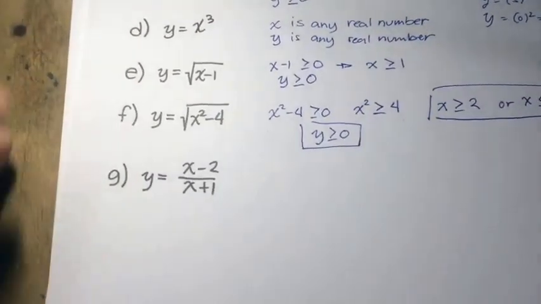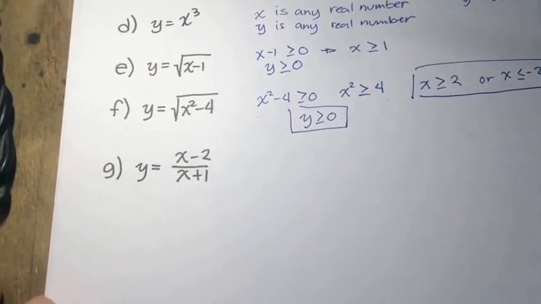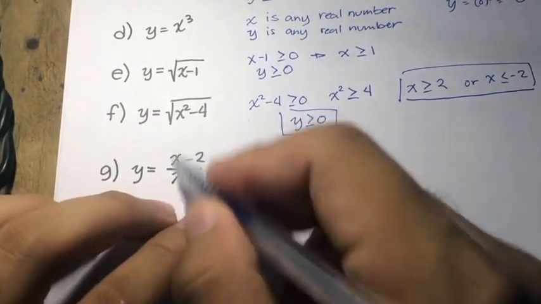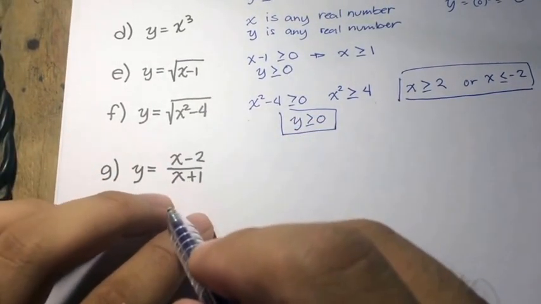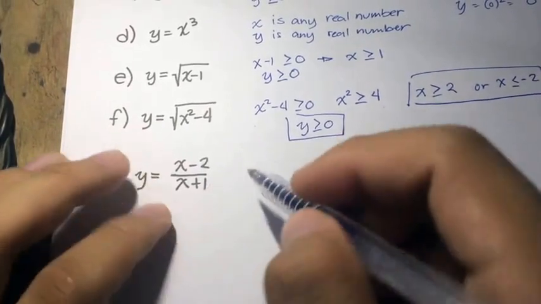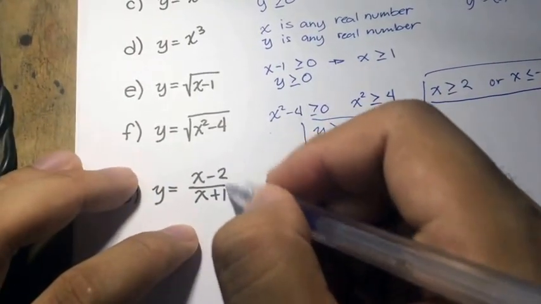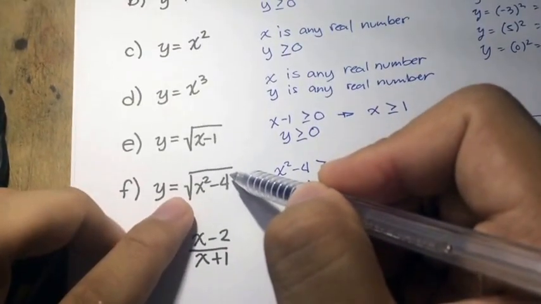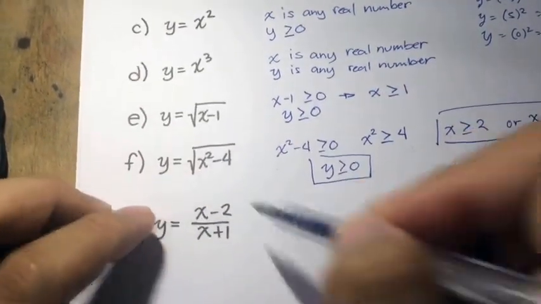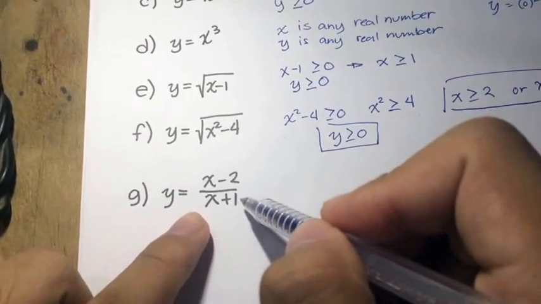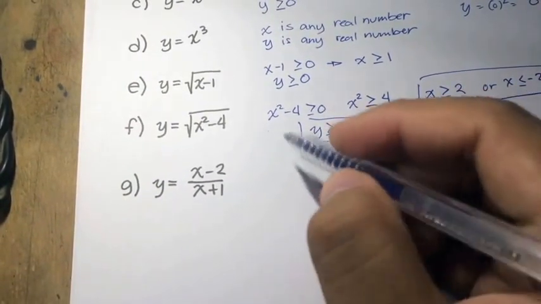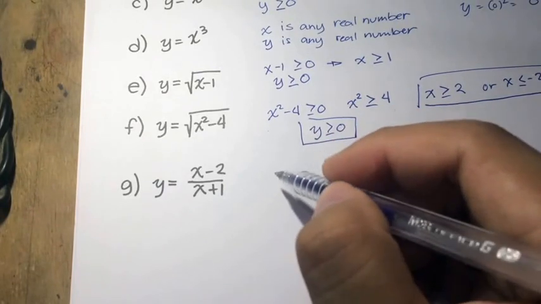For letter G, example G, y is equal to x minus 2 over x plus 1. Now for a function in this form, we call this a rational function because it's a fraction, it's a ratio. And this one we call a radical function. It has the radical sign. Now for rational functions, a ratio is defined as long as the denominator is not equal to 0.